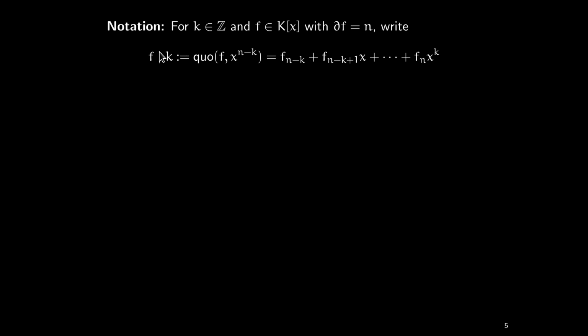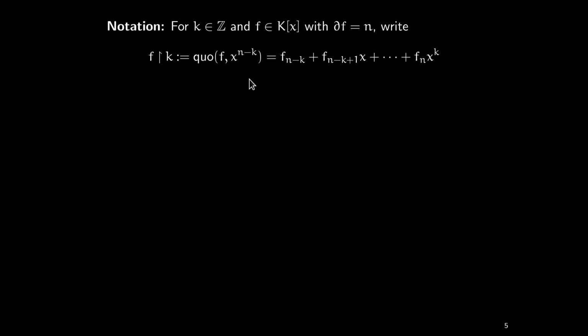So I'm chopping off from f the uppermost k terms. I can express it like this. I read this as f chop k, and it's defined as this polynomial of degree k whose top coefficients agree with the top coefficients of f.